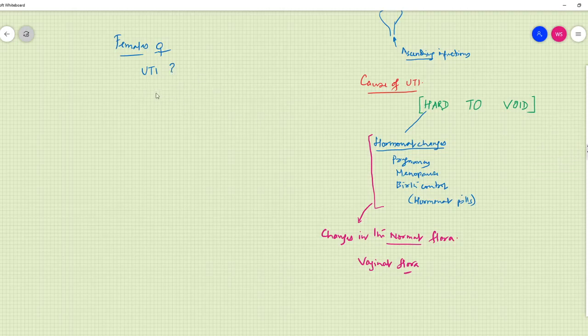Okay, so first thing is that the urethra is very short. Again, because the urethra is short, not only is it short, it is near the anus.